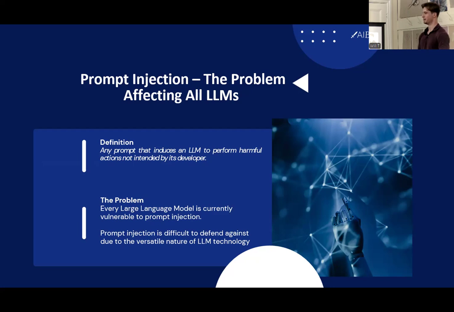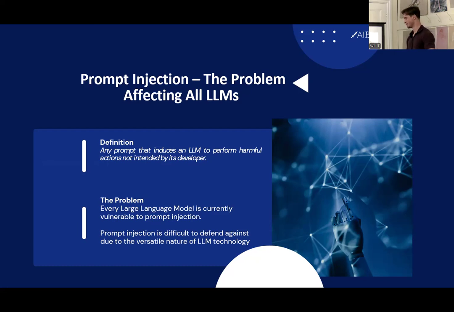The real problem, though, is that these LLMs are already vulnerable to prompt injection from the get-go. The way that the tech works is it basically wants to complete the sentence that you put in. It wants to help you out with the query you're giving it. And this makes it incredibly difficult to defend against prompt injection because as an attacker, we can ask whatever we want to the LLM, and we have a near infinite number of permutations because we have the entirety of natural language at our disposal to create payloads.